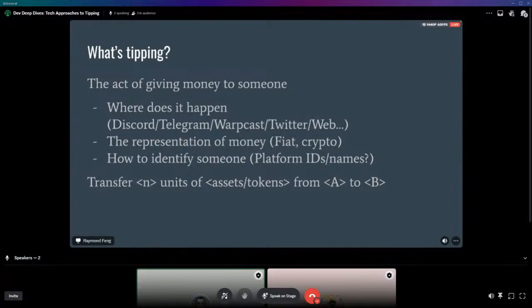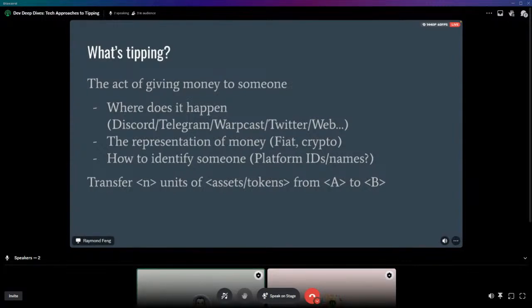It's an interesting angle as well. Then we need to decide how we transfer. Do we need a middleman, or do we just take the money out of A and directly put it to B? And on the crypto side, we also have to worry about which blockchain you are on and what token you have. You might have to bridge a token from one chain to another chain, or swap the token from X to Y.